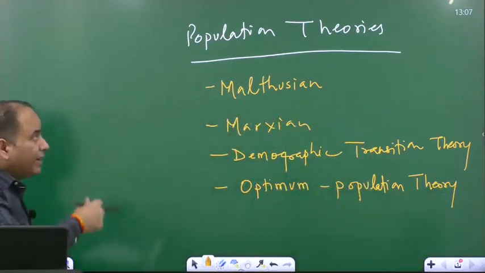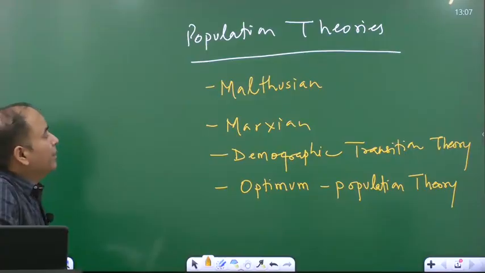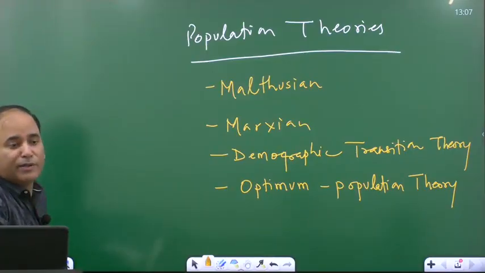So primarily we have Malthusian theory, Marxian theory, demographic transition theory, and the optimum population theory.